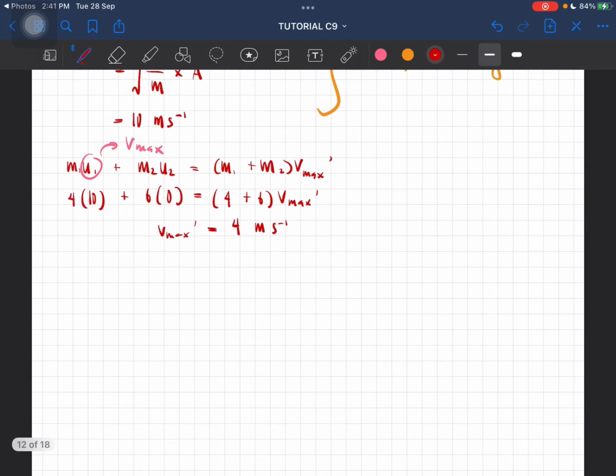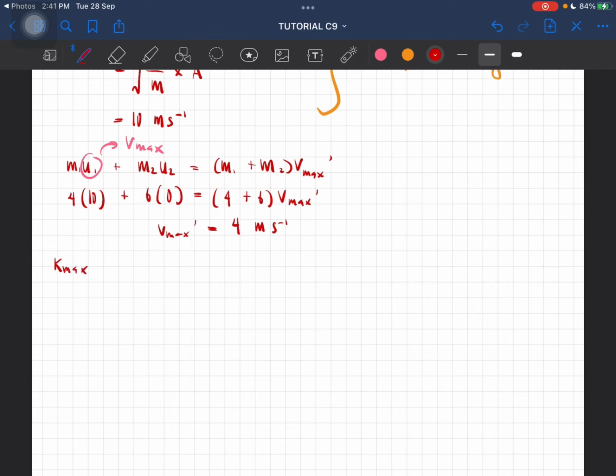Okay, so the new amplitude can be calculated using maximum kinetic energy equal to total energy. We can use half m v max squared equal to half k A squared. The halves can cancel, which will give you the amplitude to be equal to 1.26 meters.